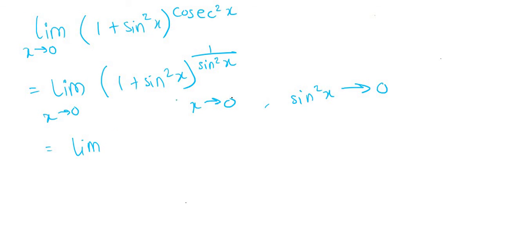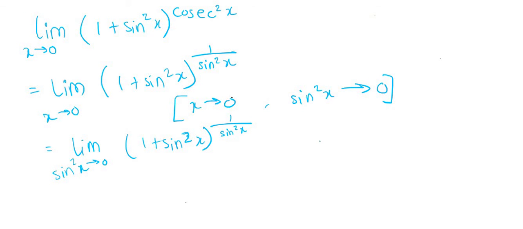Because there was a single variable and the reciprocal of the single variable on top, now we have a sine squared. We need to show this. So we could also write our limit like this: limit as x goes to 0 of 1 plus sine squared of x raised to 1 over sine squared of x. This is equal to e.